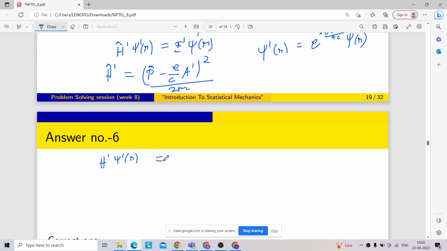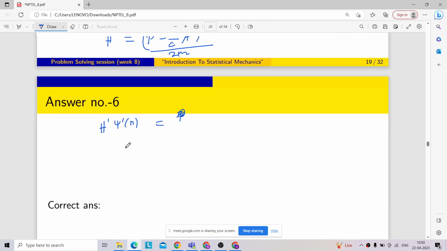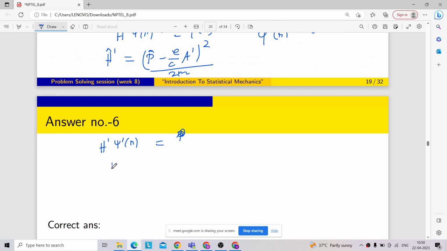So this will become, or we have to calculate the square first. So let's check first how p minus e over c A prime behaves when it operates on psi prime of r, then we will square it, or we will operate one more p minus e over c A prime.